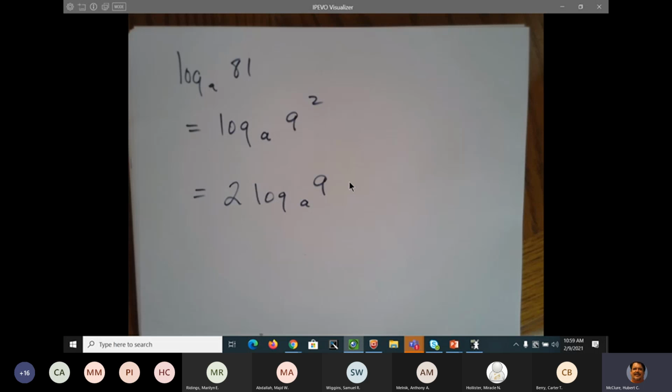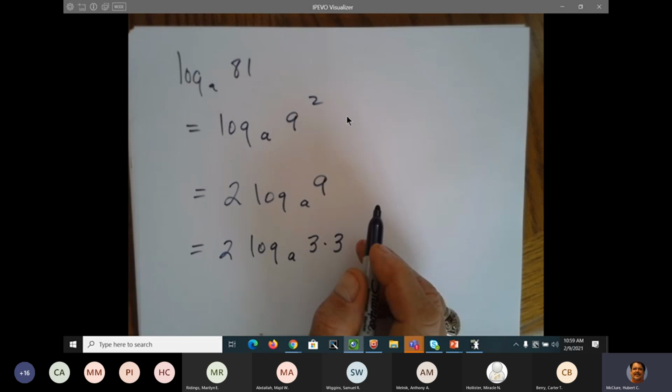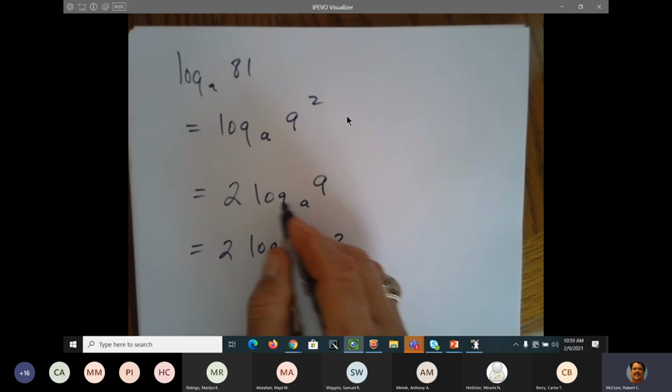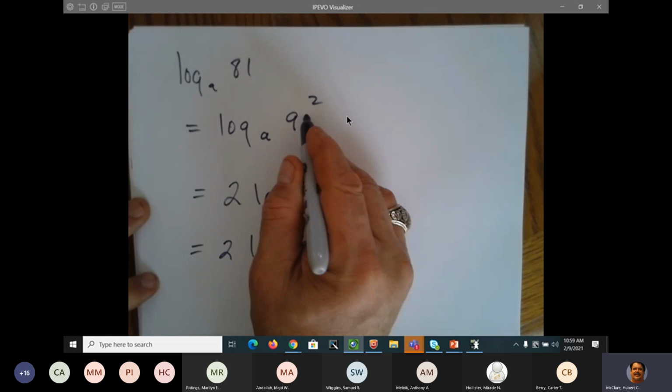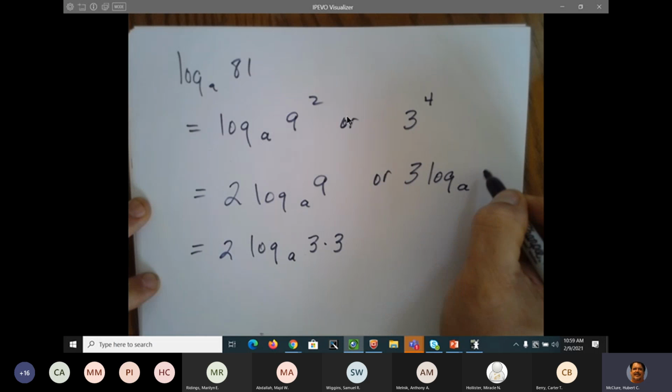Well, wait a minute. You could do 3 to the 4th power. Yeah, I'm sorry. You could do 9 to the 2nd power or 3 to the 4th power, and that would be 3 log base A of 3.